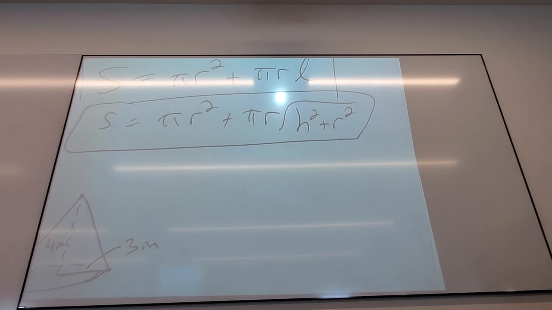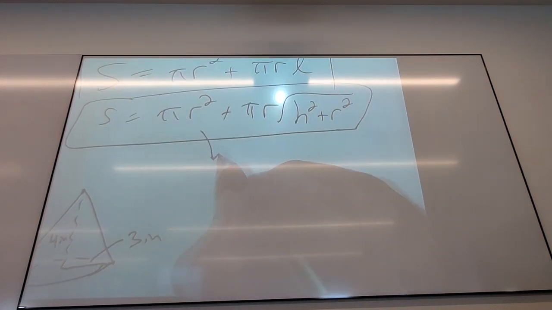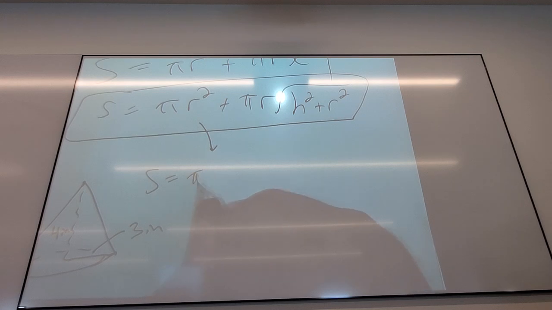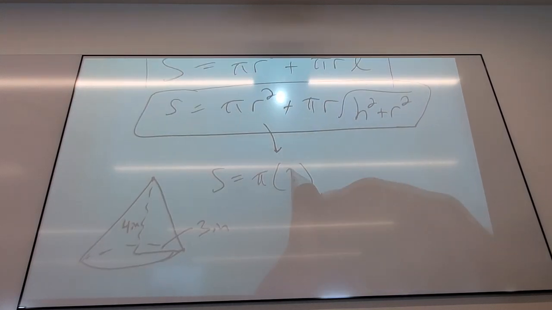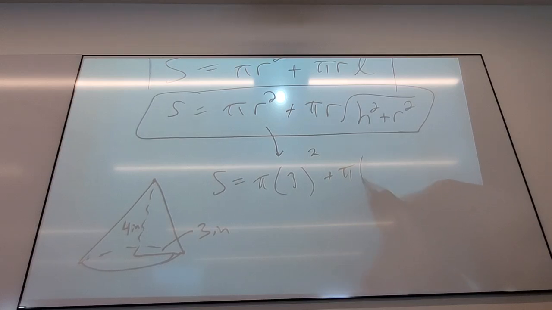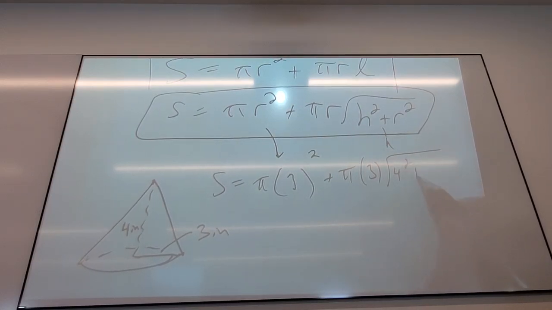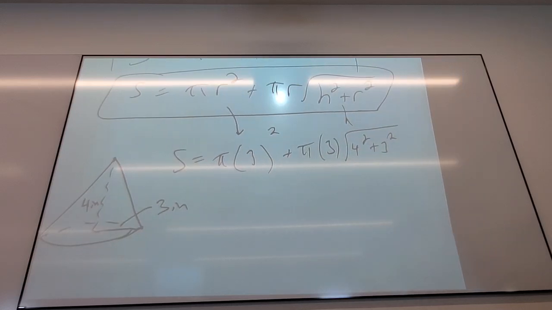Alright, let me catch up to you guys. So, if you just plug into this, of course here I'm going to put 3, and then 3 again, and then I could put in here the square root of 4 squared plus 3 squared. Now what is the square root of 4 squared plus 3 squared? 5.